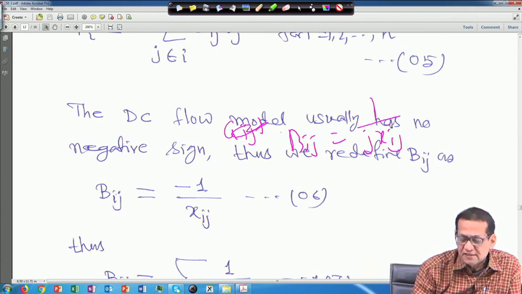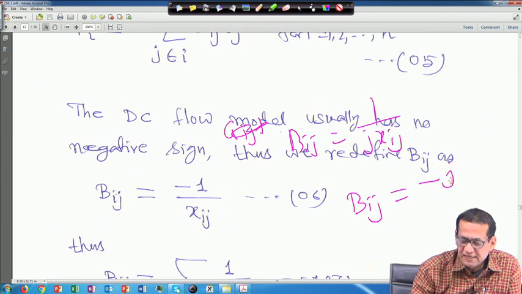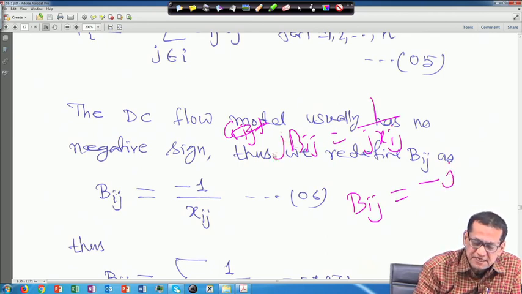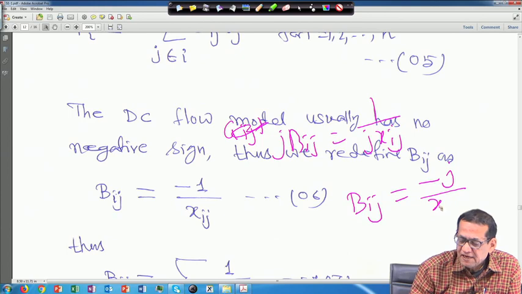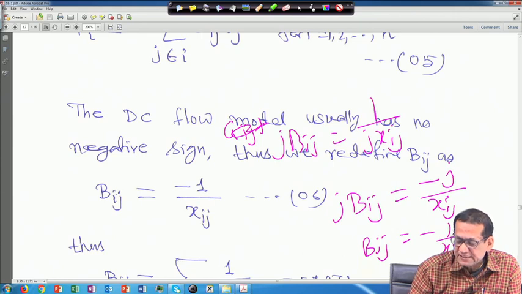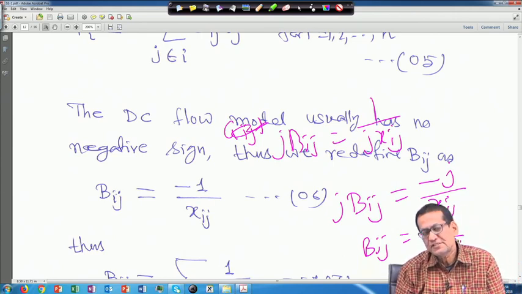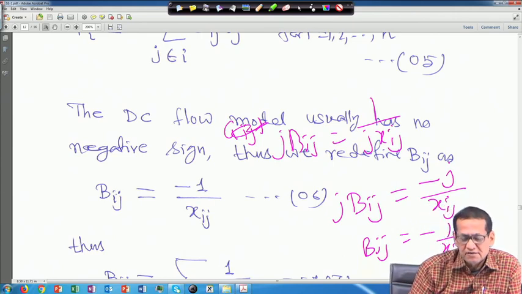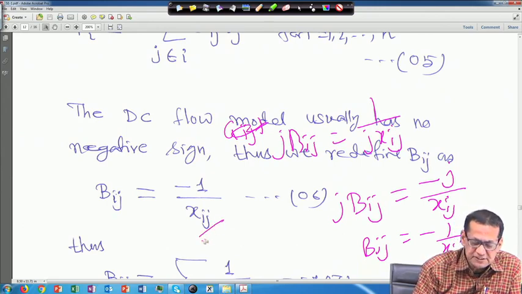Therefore, B_ij can be written as minus j, later I will make j B_ij equal to minus j upon x_ij, that means j cancels on both sides. So, B_ij will be minus 1 upon x_ij. We use this convention as before, although we took minus 1, but DC load flow usually has no negative sign, therefore we use this one.